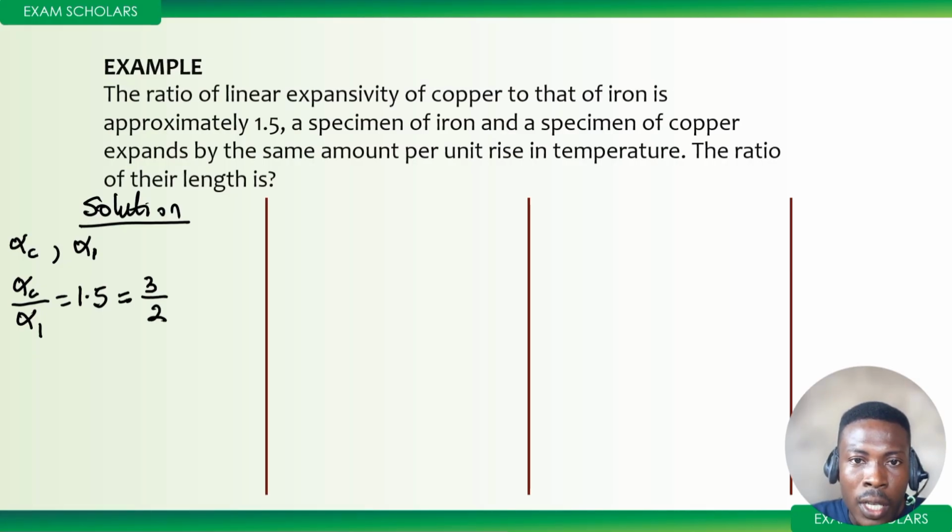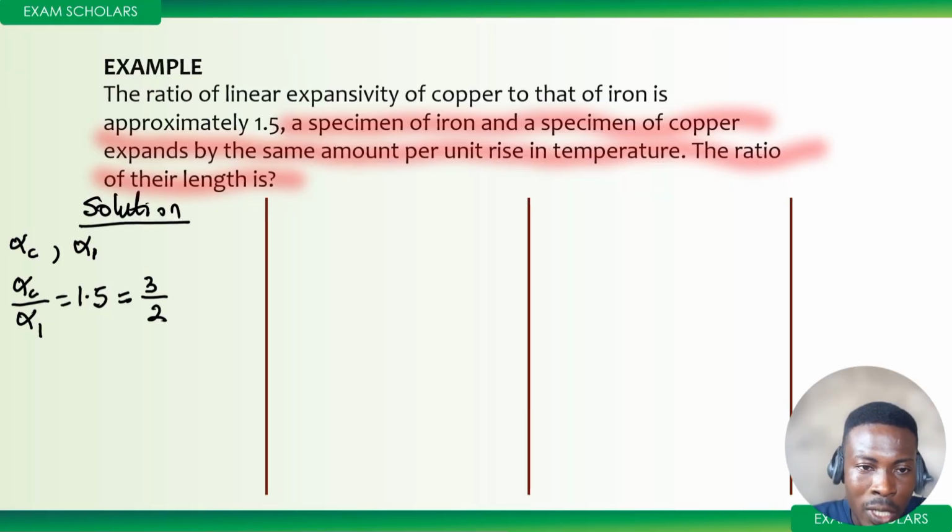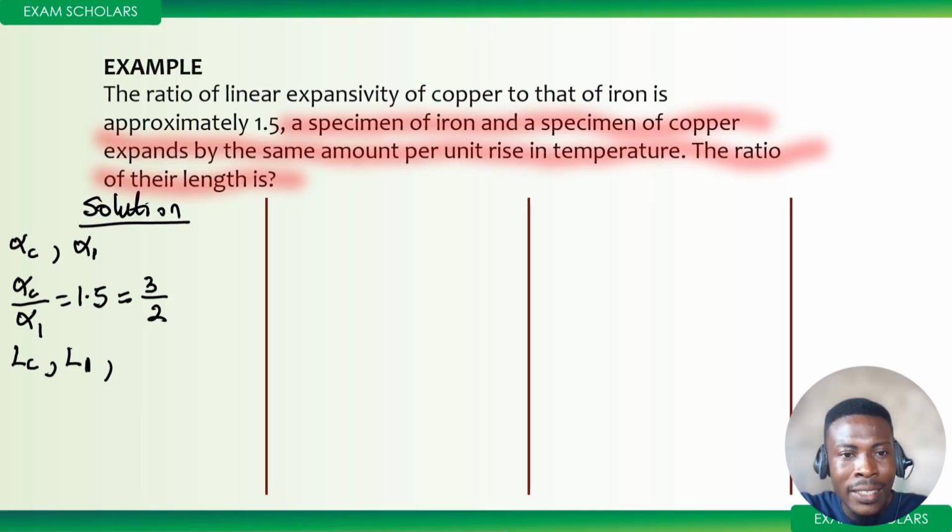Now let's go back. A specimen of iron and a specimen of copper expand by the same amount. Now let's have the length of the specimen, length of copper, length of iron. We don't know them. According to this question, they expand by the same amount. Expansion means change in their length. So the change in the length of copper is the same as the change in the length of iron.